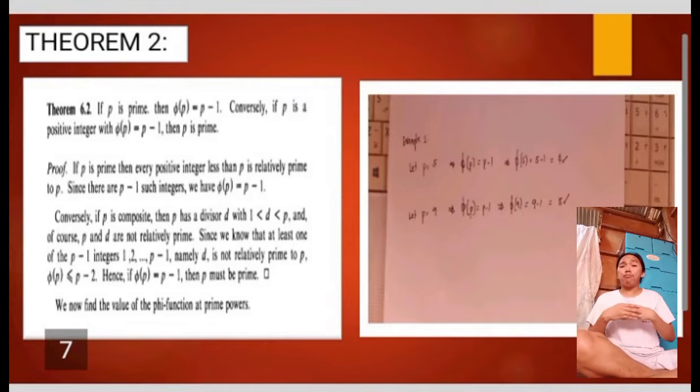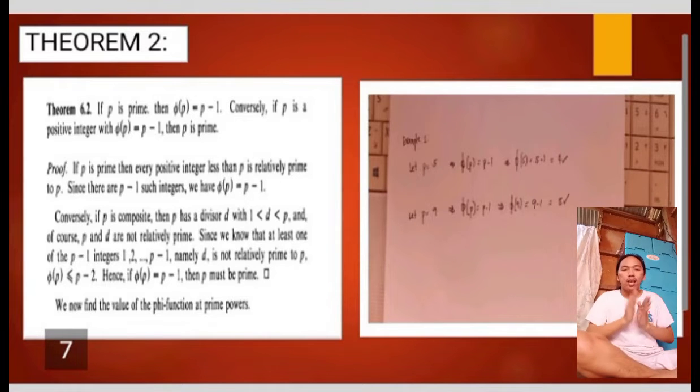Let's say that p now is composite. So we have p of 9, the second example, and this is the explanation. Conversely, if p is composite, then p has a divisor d, where d is greater than 1 but less than p. And of course, p and d are not relatively prime, as in the second example, p of 9, which is a composite number.